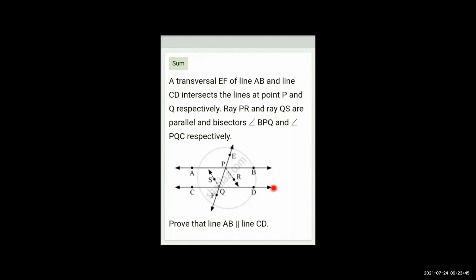These are the two lines and EF is a transversal at points P and Q respectively. So here are the points P and Q. Now ray PR and ray QS are parallel, so these two rays are parallel to each other.